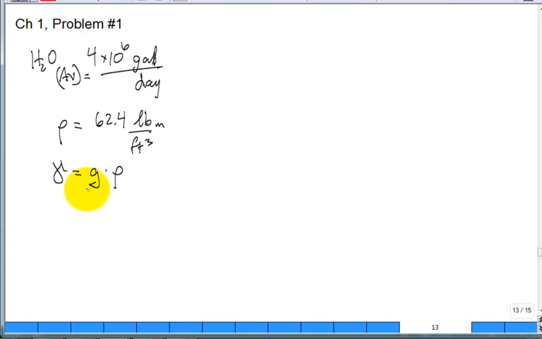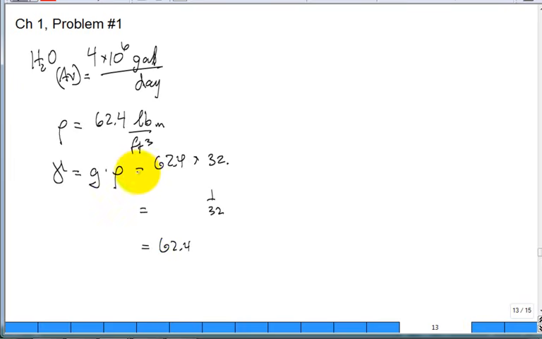Okay, so we know how much mass is in there, 62.4 pounds mass. How much is the weight? Am I looking at trying to lift, you just take 62.4 and either you're going to multiply by 32 or divide by 32 or just leave it alone at 62.4. So there's your three options.